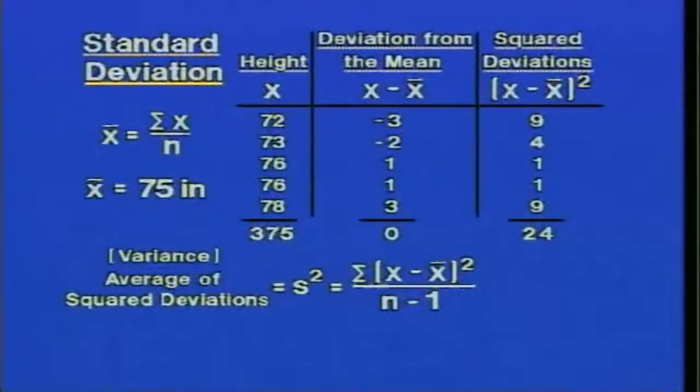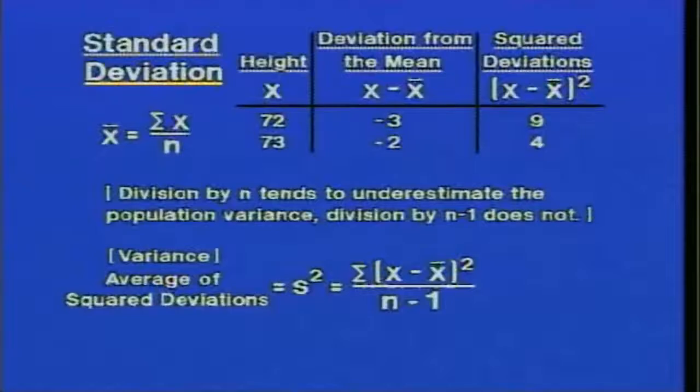And there's a particular reason for this, and we probably need to get a little further along in our discussions to understand this fully. But it is this, that division by n tends to underestimate the population variance, but division by n minus 1 does not. Now why is this important? Well, a lot of times we're trying to estimate some information about the population from information about a sample, as we have discussed earlier.